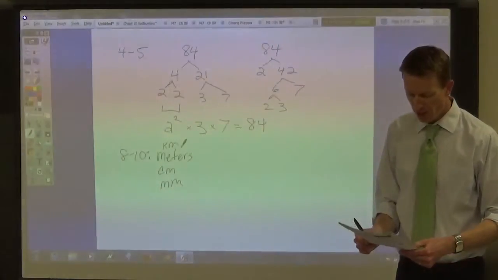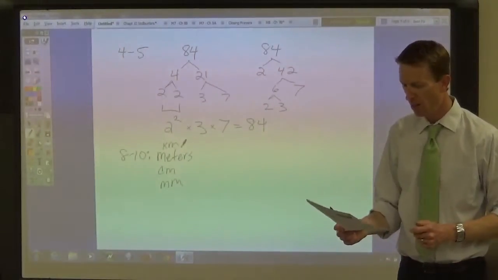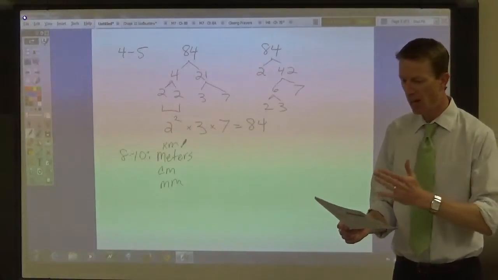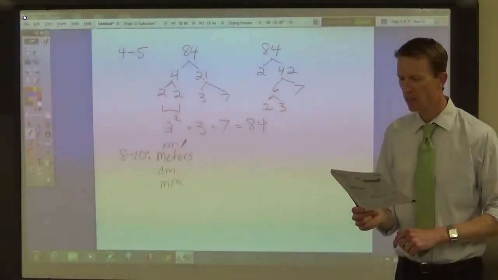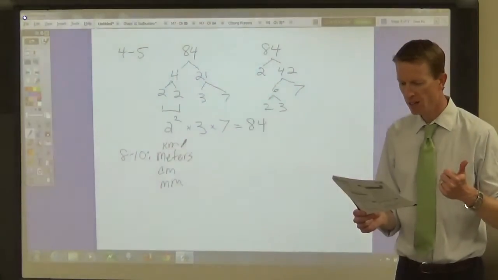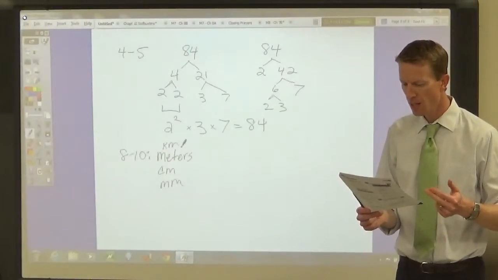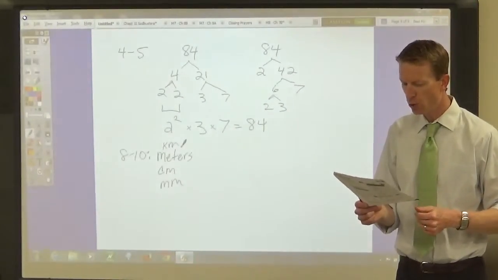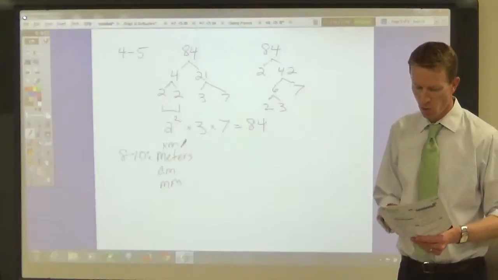Number 11 and 12 are kind of working backwards. They're using time to figure out how much time has passed. 13 and 14 are reading the graph. Make sure you pay attention to the title and what the numbers mean. And then in 15 through 20, the coordinate plane. And we just covered the coordinate plane.